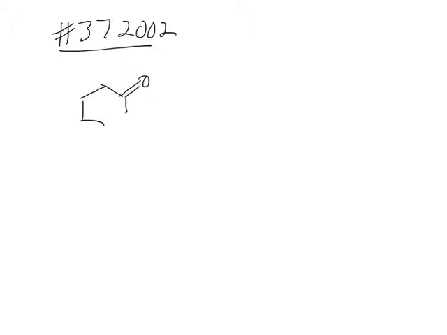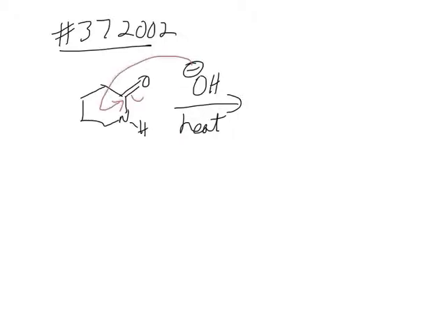So, number 37, 2002. Right? The key point here is there's heat. So that's going to be really forcing conditions. So what is going to happen or could happen, at one point, these are all equilibrium arrows, is you get that attack.